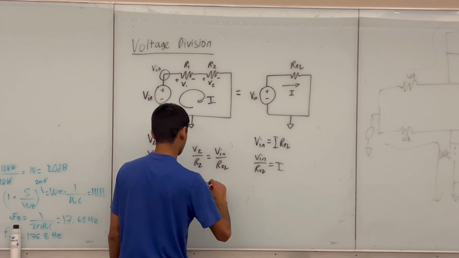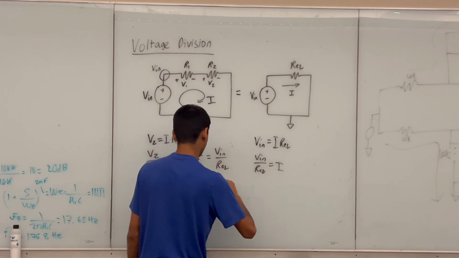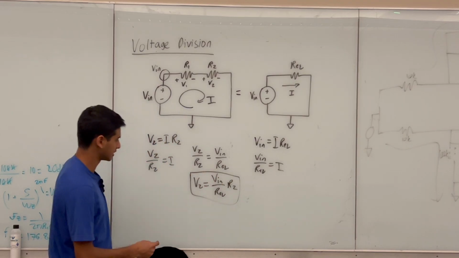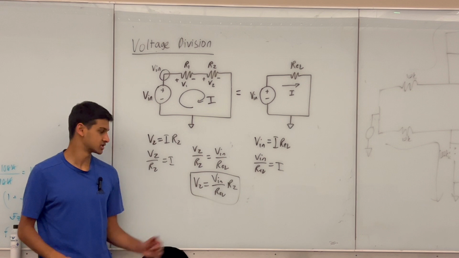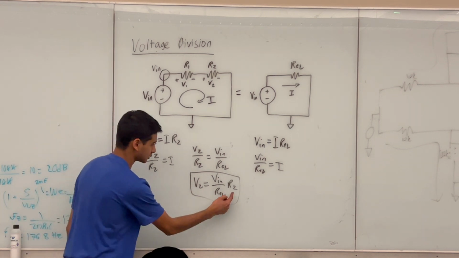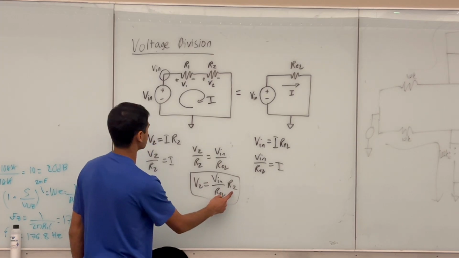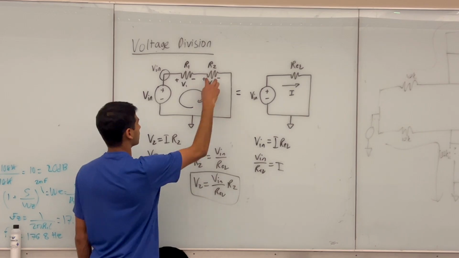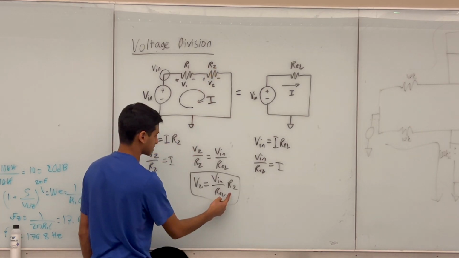So that means V2 equals Vn divided by Req times R2. So as you can tell, the difference between this formula and the one for V1 is just the resistor that I was multiplying here. V1 was across R1, so I had an R1 here. V2 is across R2, so I had an R2 here.